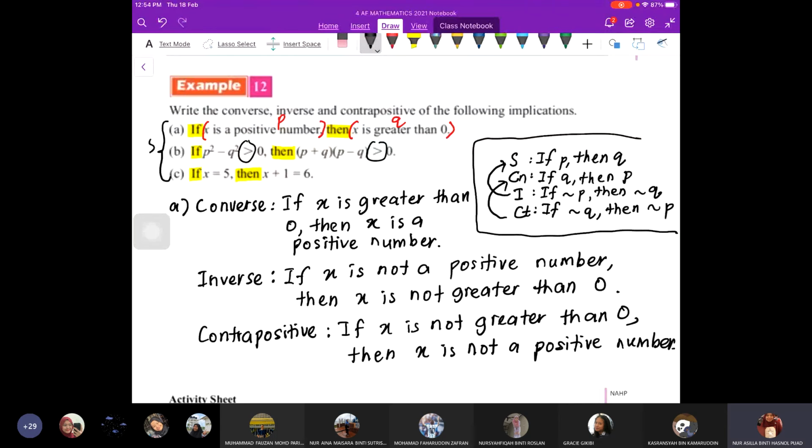Yes, Miss. Alright, Stephanie, try inverse. If x is not equal to 5, then x plus 1 is not equal to 6. Alright, good. So the inverse will be if x not equals to 5, then x plus 1 not equal to 6. So kita punya simbol equal ni will be not.